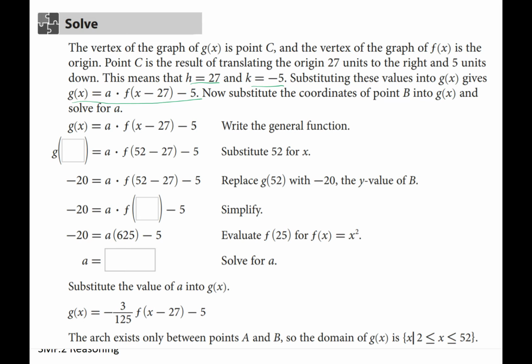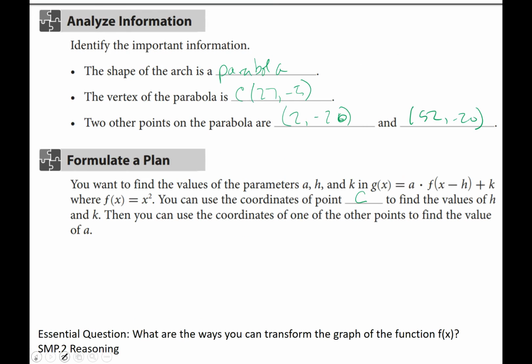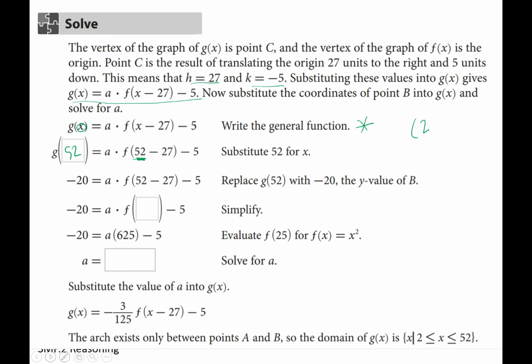So we're going to write the general function, which they did for us. We're now going to substitute 52 in for x. So they substituted it in here, and we're going to put it in here for that x. Now, we know that g of 52, it's just another way. So we had that point, 52, -20.